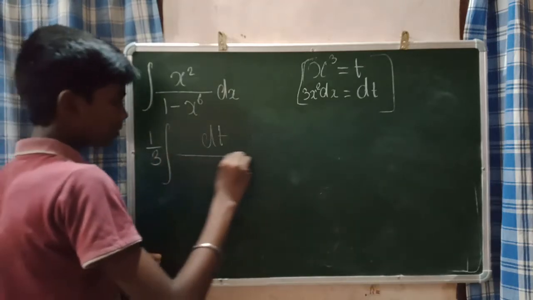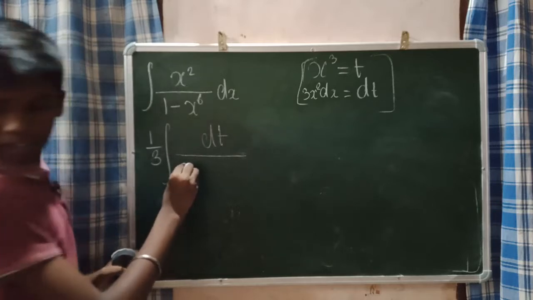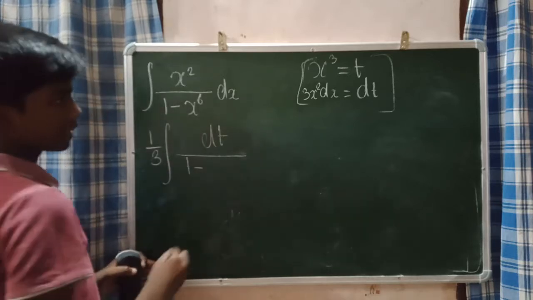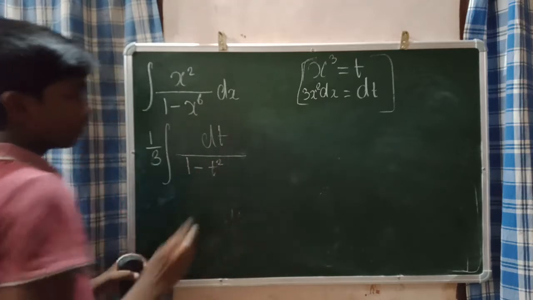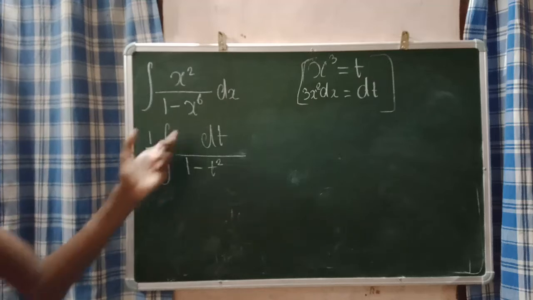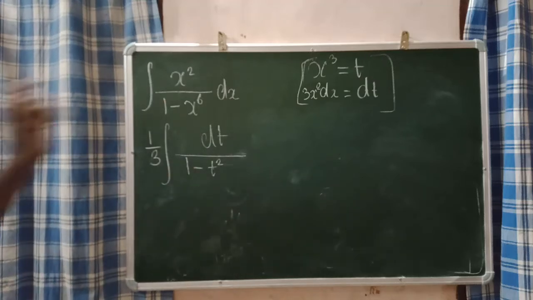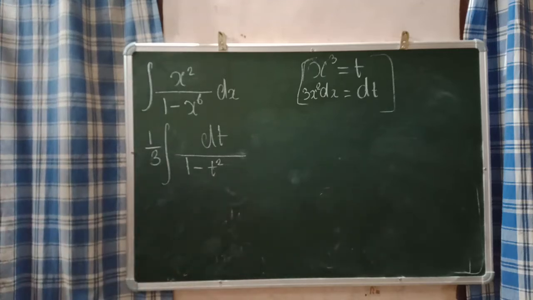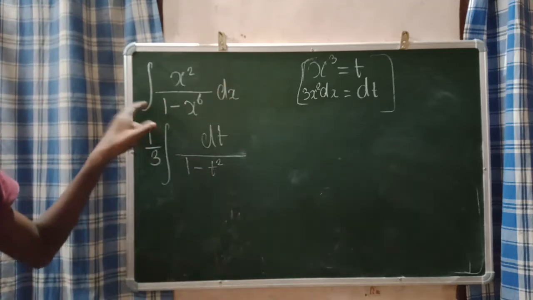Then divided by 1 minus x power 6. x power 6 will be t square, because t is x cube, so t square will be x cube whole square, which is x power 6, by laws of exponents. So this is the integral that you will arrive at when you use this substitution.